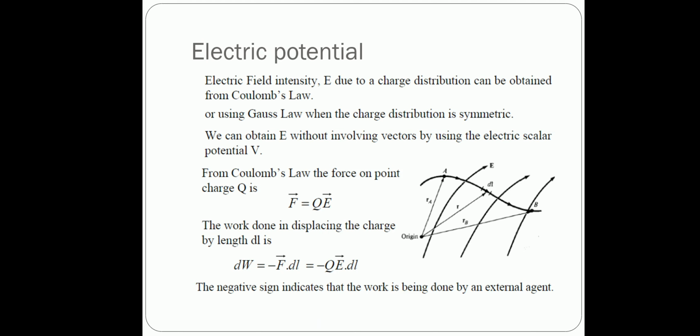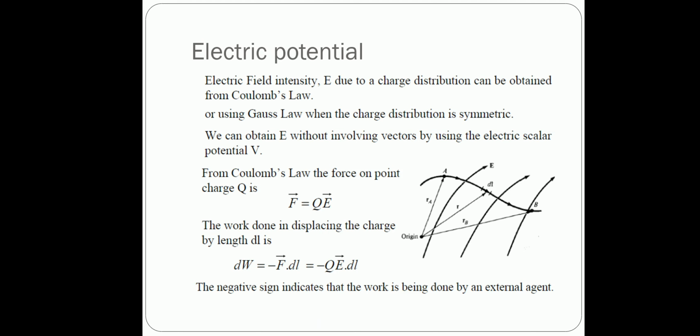So you can find the electric field intensity using either Gauss law or Coulomb's law. Gauss law is mainly used for symmetric distributions of charge, for example a cylindrical geometry or a spherical conductor. If the geometry is symmetrical in nature, we can easily find the electric field intensity from Gauss law. We can also obtain E without involving vectors by using the electric scalar potential V.